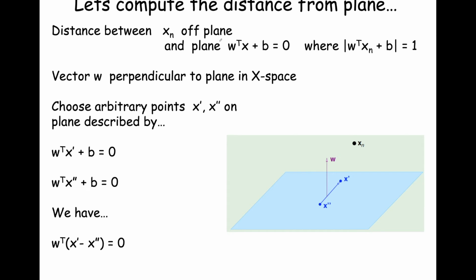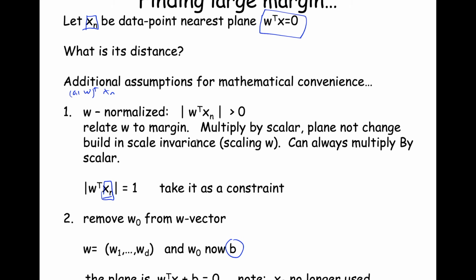Now, of course, if we're thinking about this W in D dimensions, then our point closest to the plane is going to satisfy W transpose Xn plus B in absolute value is equal to 1. Now, this follows from the previous slide when we had that scaled up and down W vector. So if we can scale it up and down in its D-dimensional version, that's just W transpose Xn scaled up and down, plus our bias term in absolute value is equal to 1.